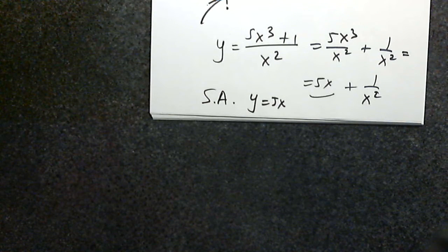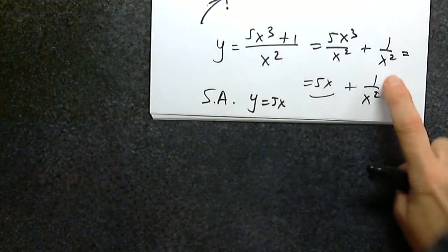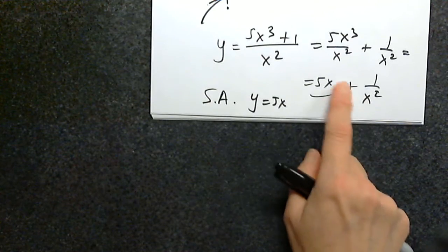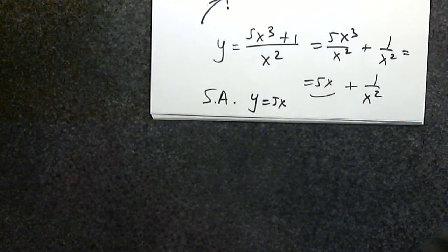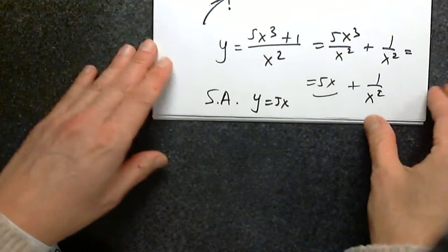But if you're not able to separate the fraction because the denominator has two terms or more, then you will have to use long division. What happens to 1 over x squared? Nothing. When x approaches infinity, that quantity goes to 0. If it's something like that, you just split it and then it's the first... this is the quotient, this is the remainder, this is the divisor. Only the quotient of the division is the slant asymptote.